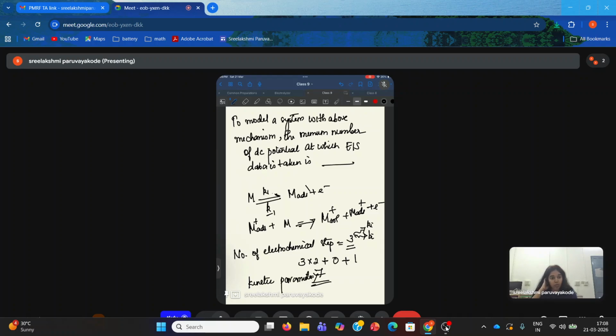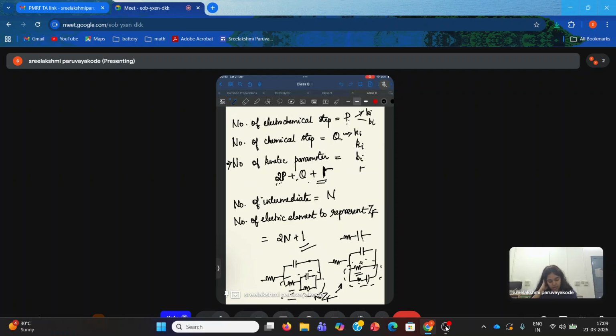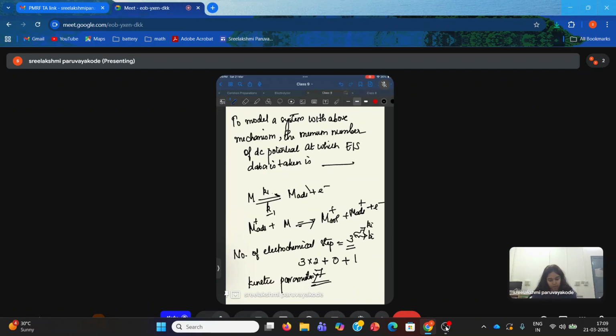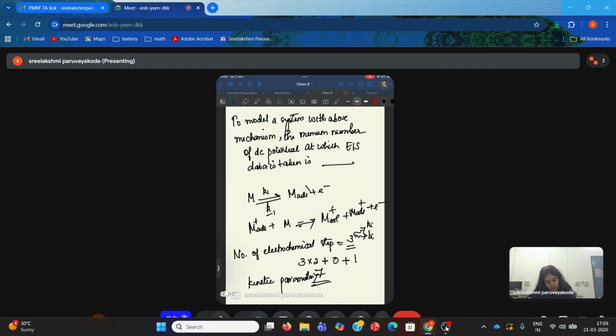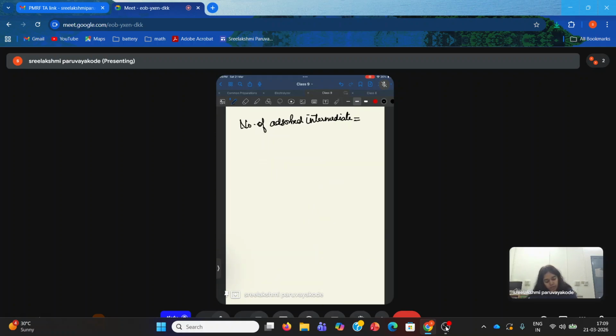Now, how many intermediates do you have? So kinetic parameters, 7. Now, number of adsorbed intermediates equals what? Only one adsorbed intermediate. So the number of RC parameters will be how much?